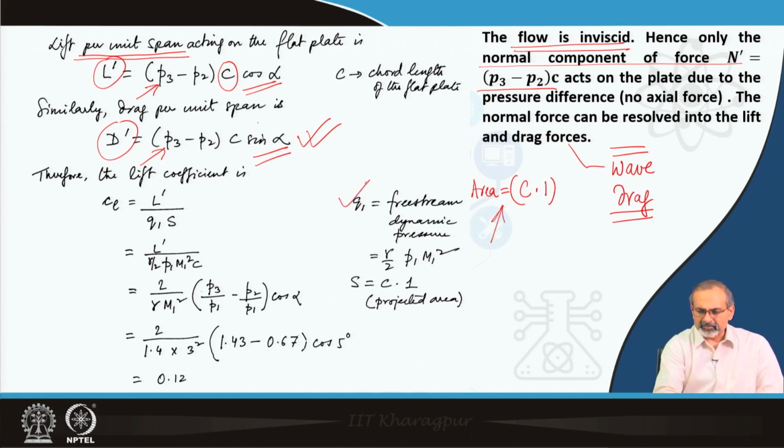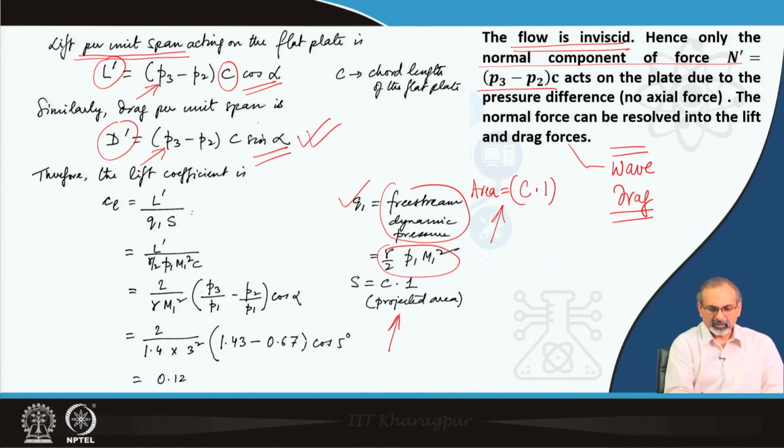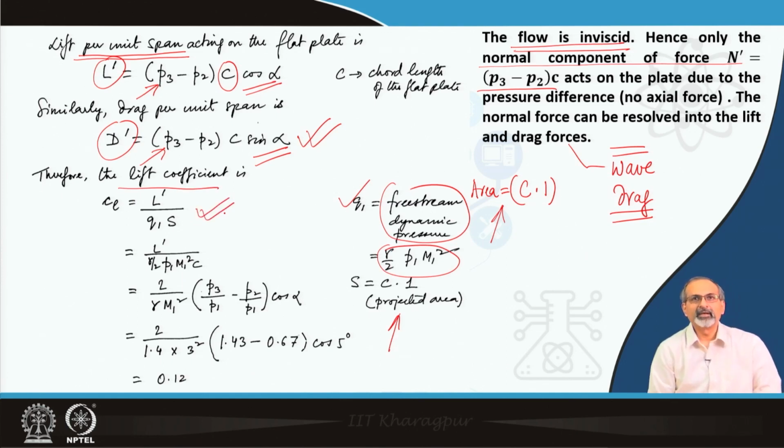We additionally need the free stream dynamic pressure, which is expressed in terms of gamma by 2 P1 M1 squared. This of course we have already discussed, that is the projected area, and from there the lift coefficient can be expressed like this, L dash by Q1 times S. It comes to an expression like this, and then if you just plug in the values which you have computed, you get a value of 0.12.